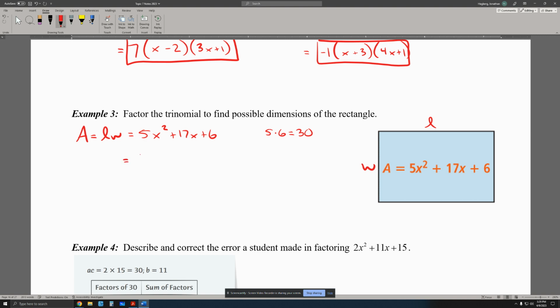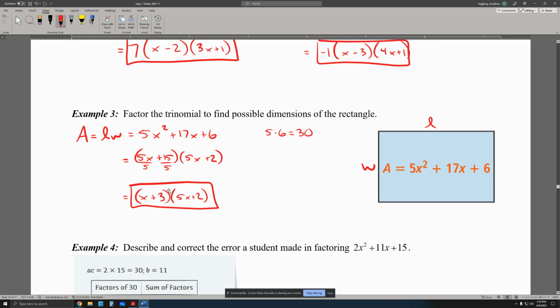So this is equal to, we have 5x plus 15, 5x plus 2, and then we divide out that GCF. So 5x and 15, GCF is 5. 5x and 2, GCF is 1. When we divide out that GCF, we're left with x plus 3 times the quantity 5x plus 2. So expressions for the length and width can be 5x plus 2 and x plus 3 in either order.